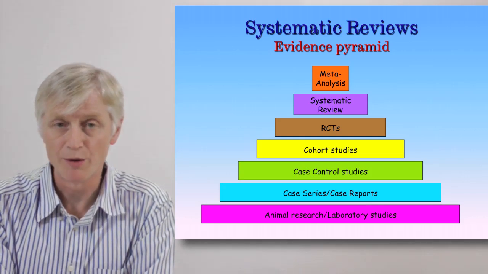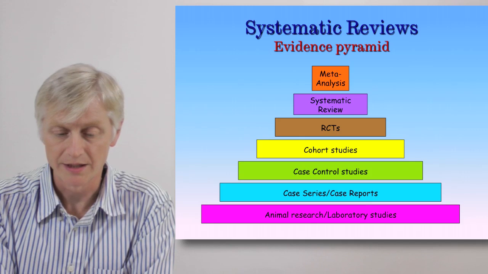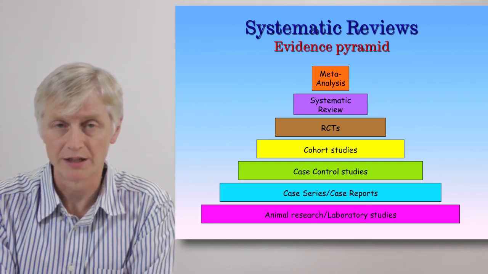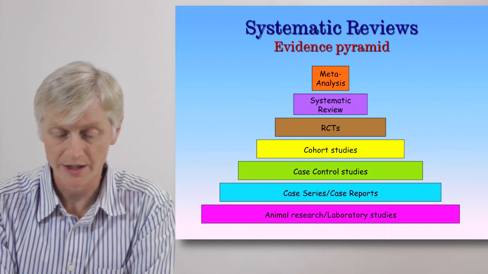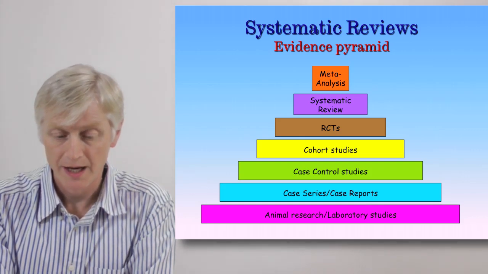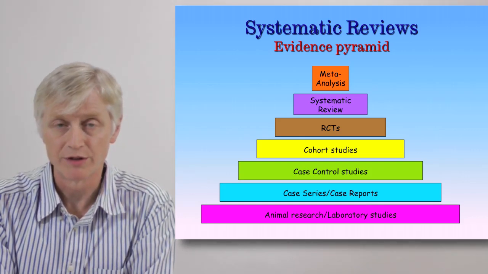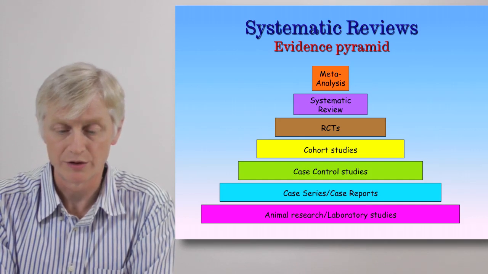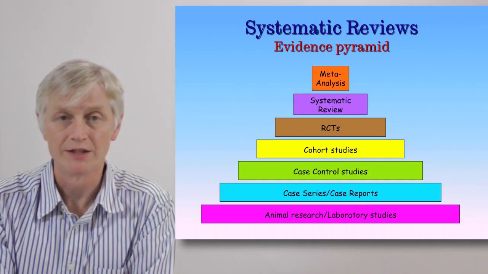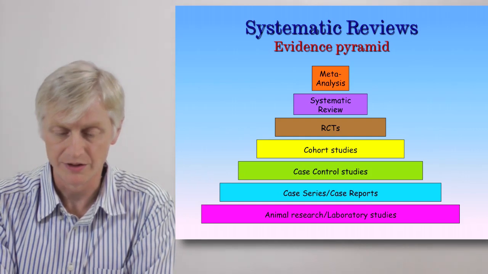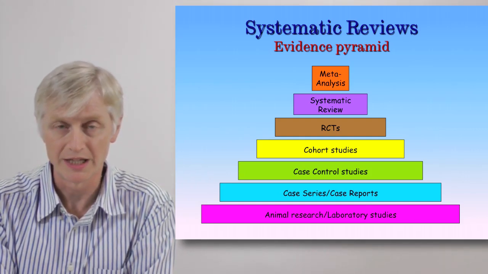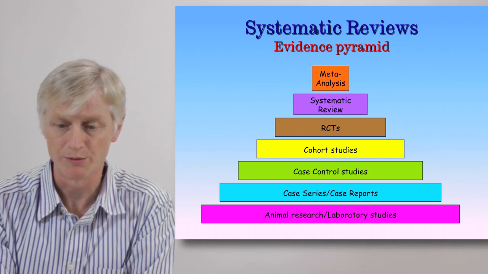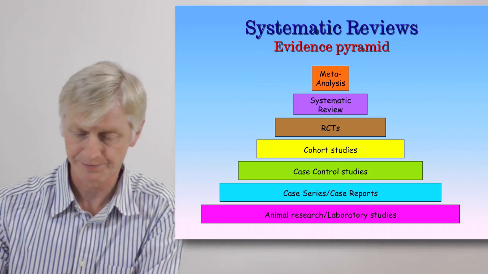You can see from this pyramid that the randomized controlled trial is considered a higher form of evidence than a case control study or a case series. But you can see that a systematic review of randomized controlled trials is actually a higher level of evidence than an RCT, and the very top level of evidence is a meta-analysis, which I'll explain a bit more about later on in this lecture.